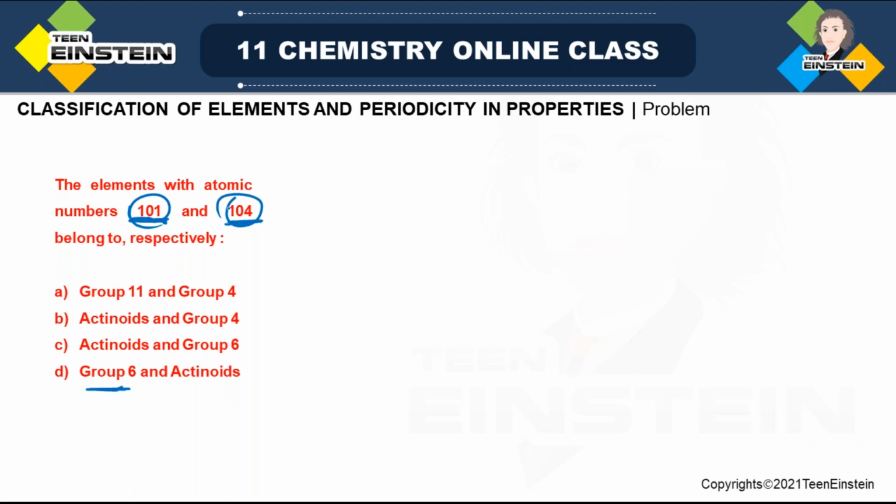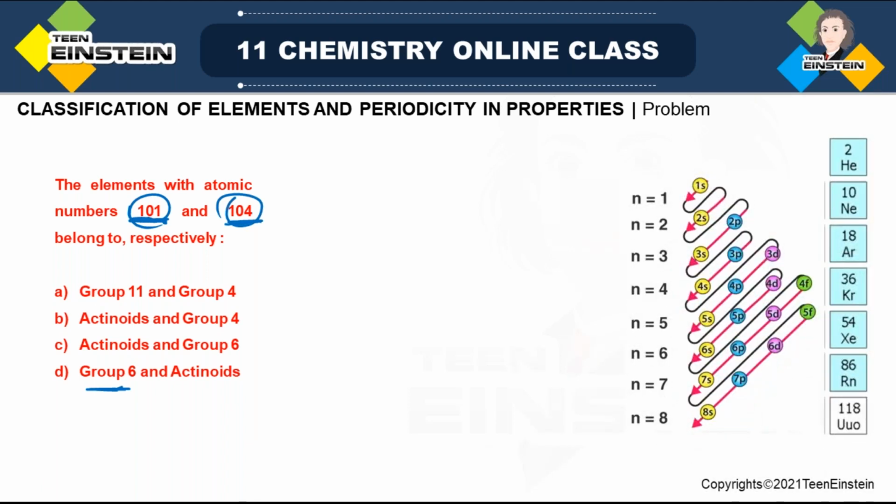So how to answer this type of question? You have to remember two things. What are those two things? The first is you just have to remember all the noble gases and in which period they belong. So remember starting from helium up to Rn, and also their atomic numbers: 2, 10, 18, 36, 54, 86.